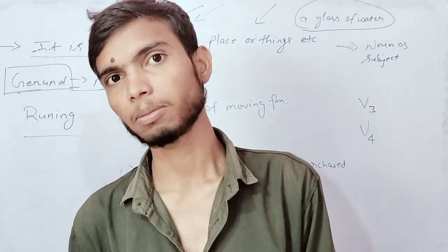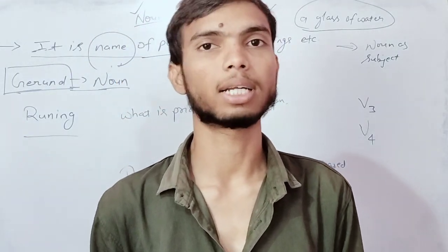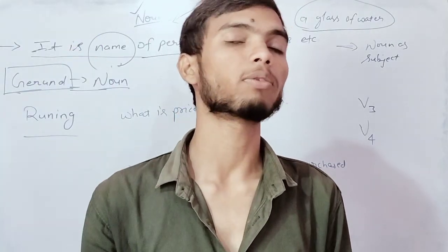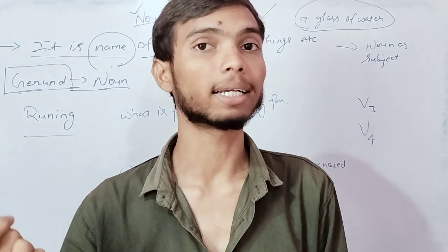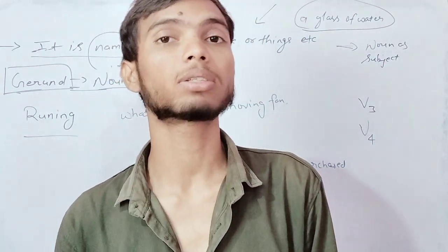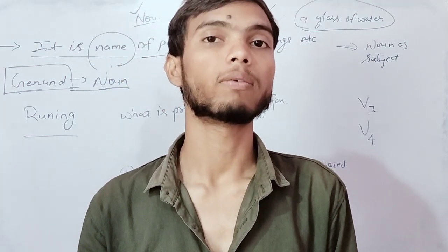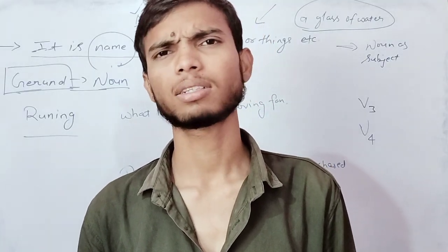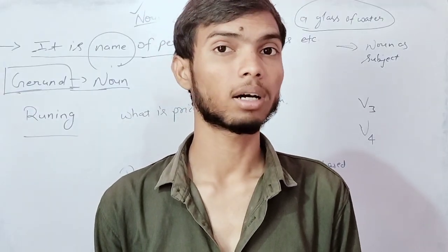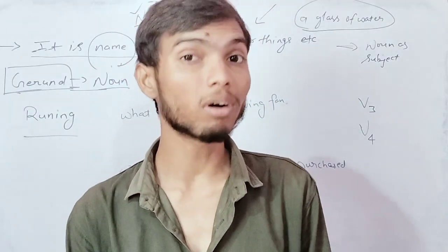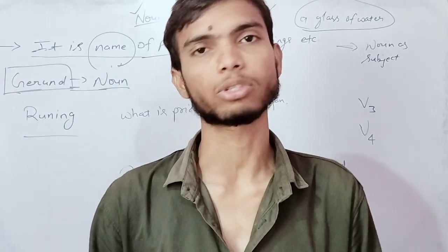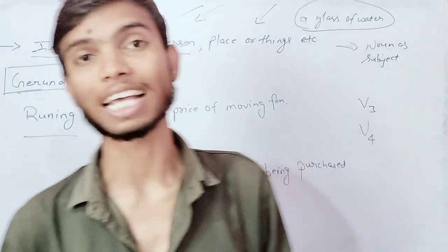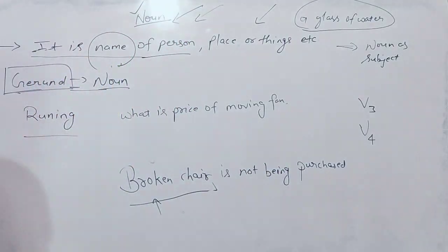In other words, V3 will be considered as an adjective because it is coming just before a noun and giving additional information about it. That's why we consider that word as an adjective. Clear?